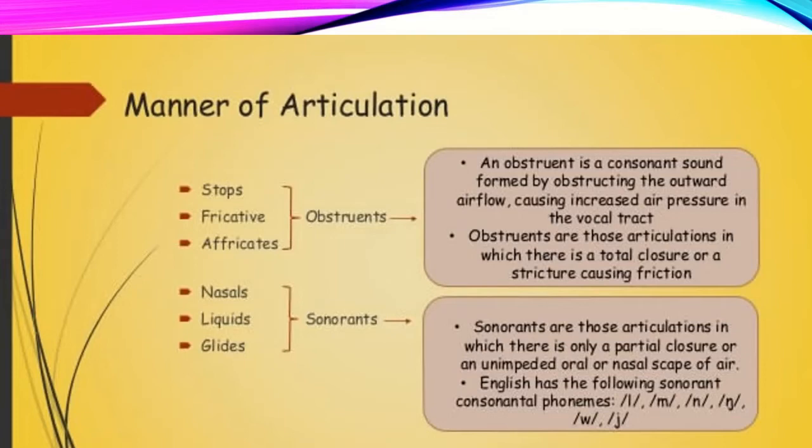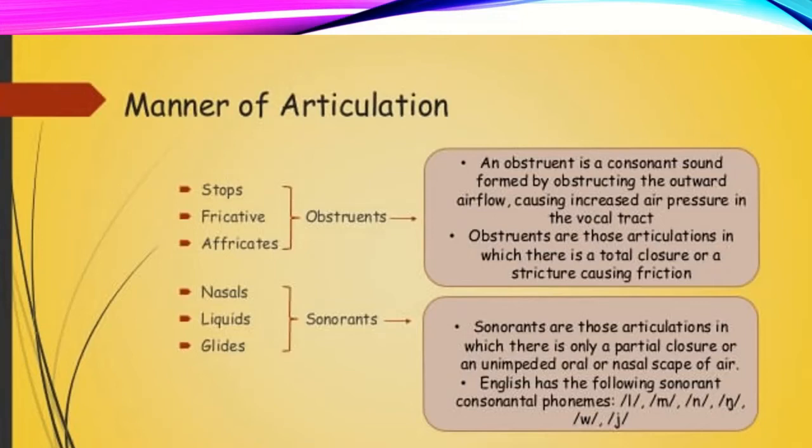In manner of articulation, we should, of course, know what is under obstruents and what is under sonorants. As you can see here, stops, fricatives, and affricates are under obstruents. An obstruent is a consonant sound formed by obstructing the upward airflow, causing increased air pressure in the vocal tract.